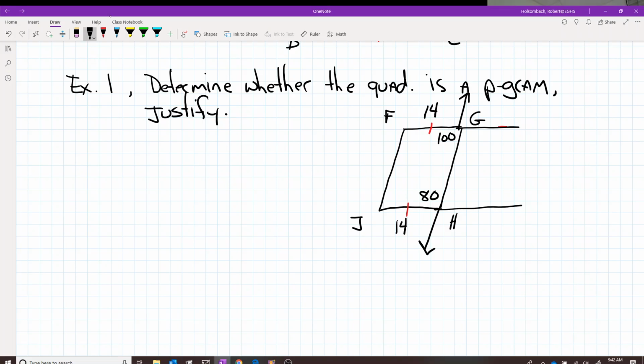And when we covered parallel lines and transversals, there was a rule that said if same side interiors are supplementary, then the lines are parallel. So because of that rule, FG is parallel to JH. So your answer in this case would be yes. FG and JH are both parallel and congruent.